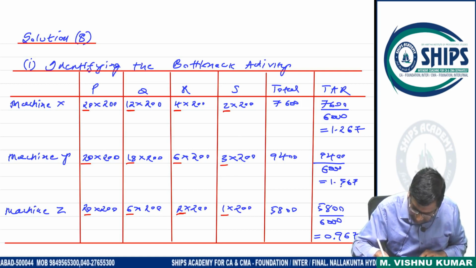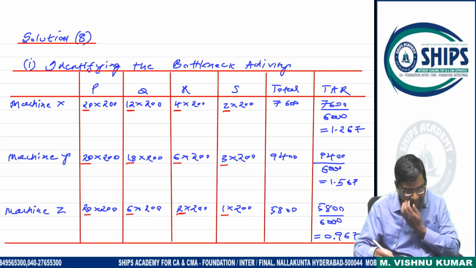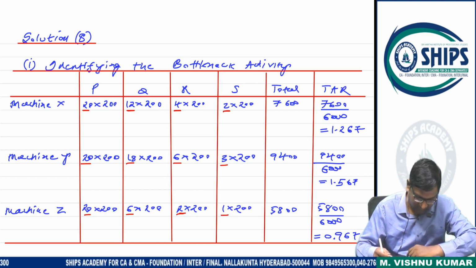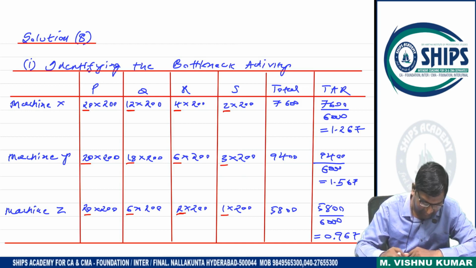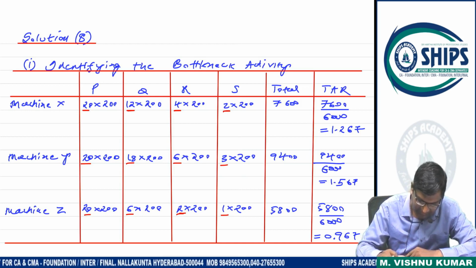Okay, so bottleneck department is machine Y. If demand is not same, separately multiply and add. If demand is same, directly you can add these hours and multiply with demand.